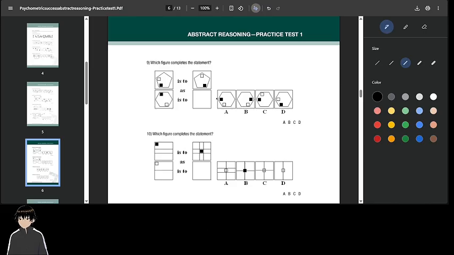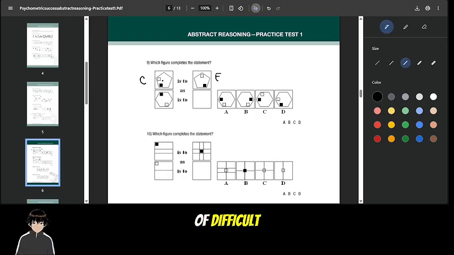So number 9, which figure completes the statement? So if you see here, just the cause, this effect. Hmm. No, it's kind of difficult. This is kind of difficult. This is a little bit difficult.